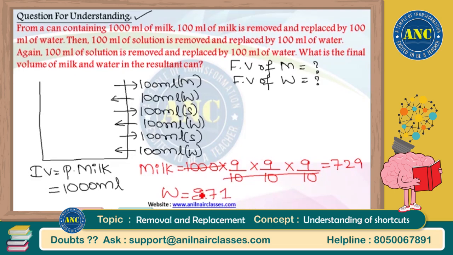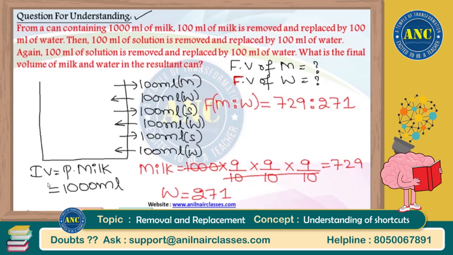That is exactly what Samir also has commented. Now see here, sir, and listen to this carefully. Milk is 729, water is 271. Now, if I go one step further, I can write this in another way: the final ratio of milk and water is 729 is to 271.